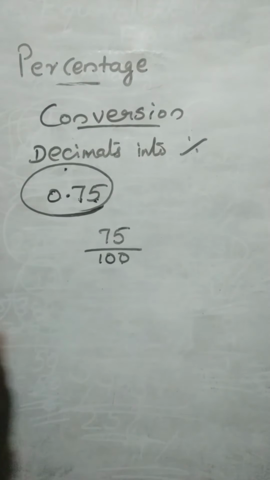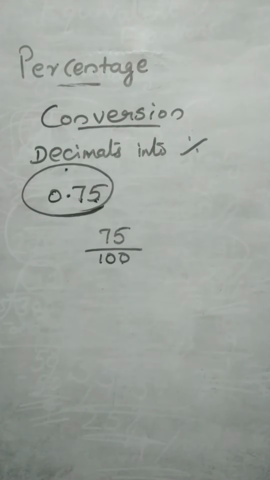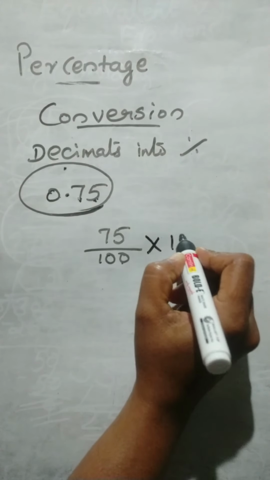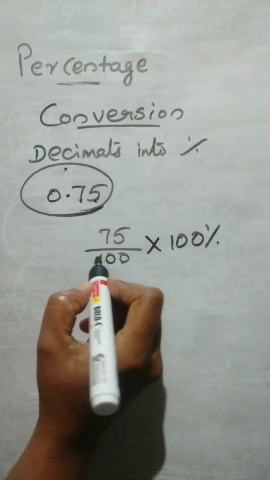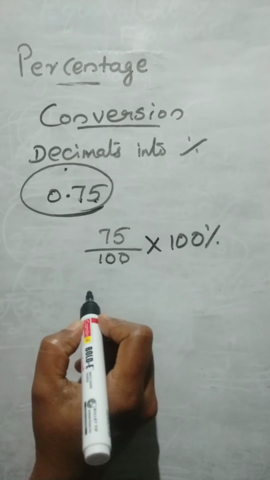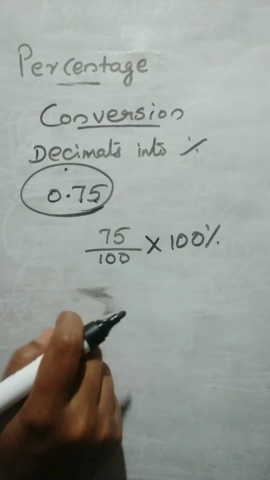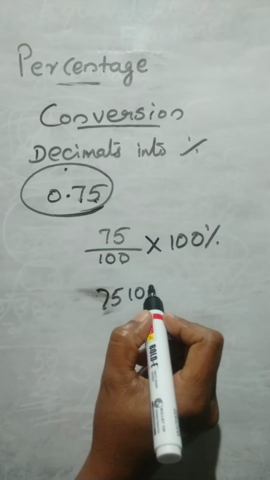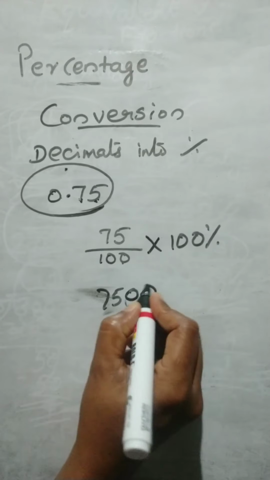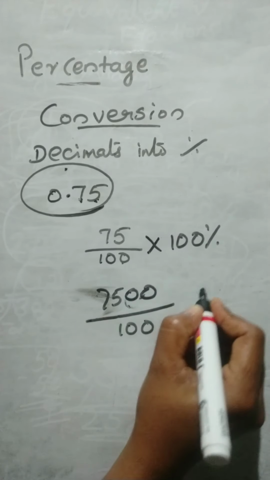Now this is in the form of fraction. So we have to multiply this with 100%. So 75 on 100. So 75 times 100 is equal to 75 hundreds divided by 100%.